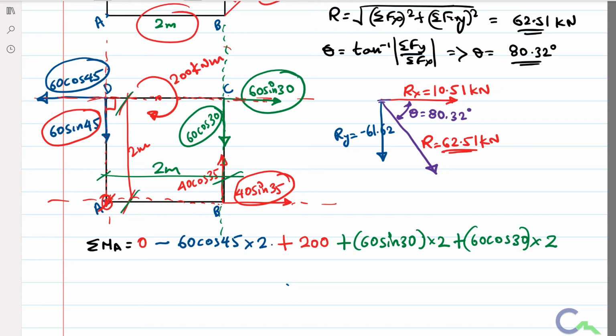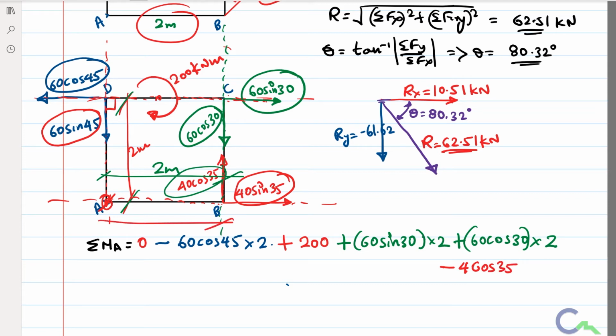The last component, that is 40 cos 35. If I shift that force along its line of action, it is not passing through A. Therefore, if I apply that force about A, it is going to rotate in the anti-clockwise direction. Therefore the value is negative. So that is minus 40 cos 35.